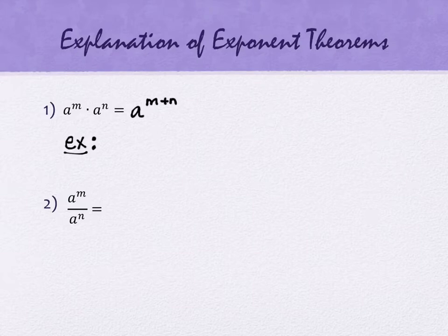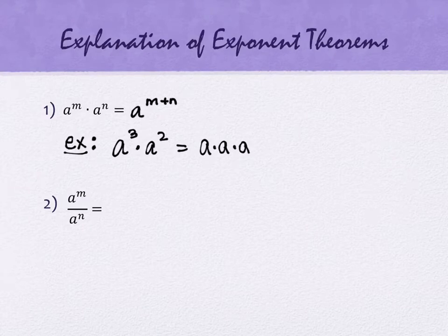So let's say that we had a cubed times a squared. The structure is the same as the original generic problem, right? So a cubed means a times a times a. There are 3 of them. And a squared means a times a. Obviously, there are 2 of them.